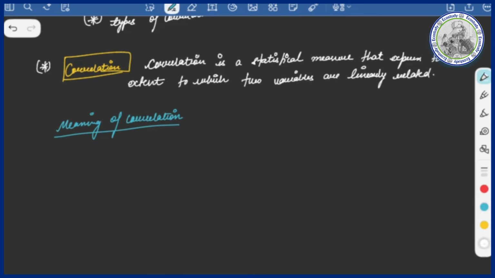The simple meaning of correlation is that if a change in one variable affects the change in the other variable, then the variables are said to be correlated.